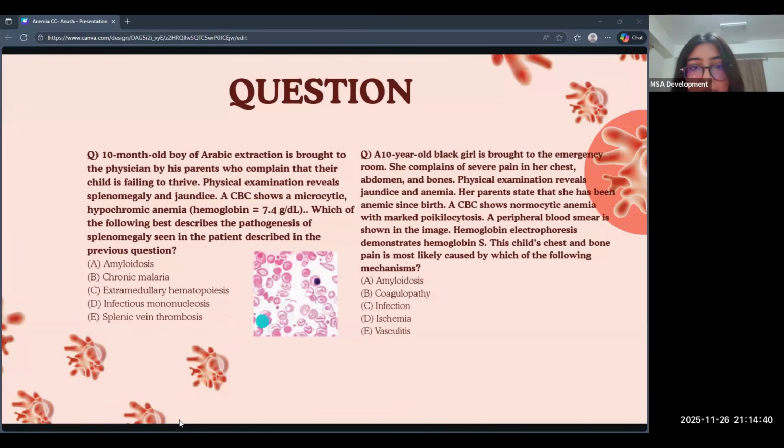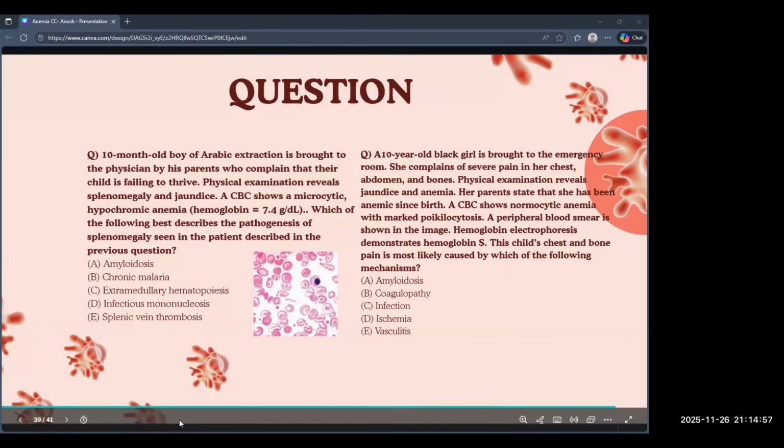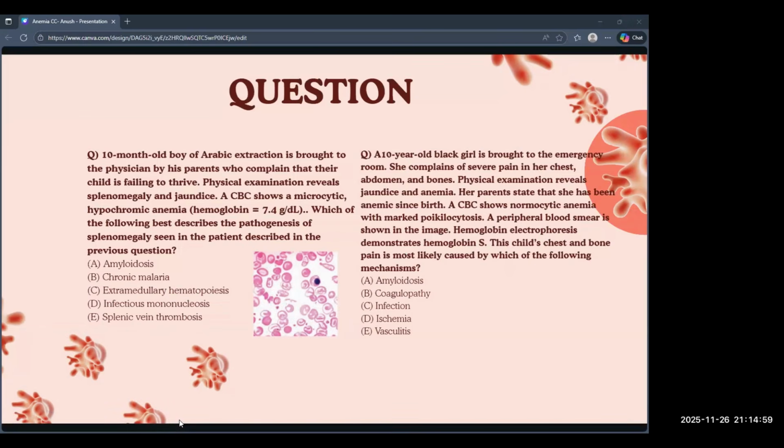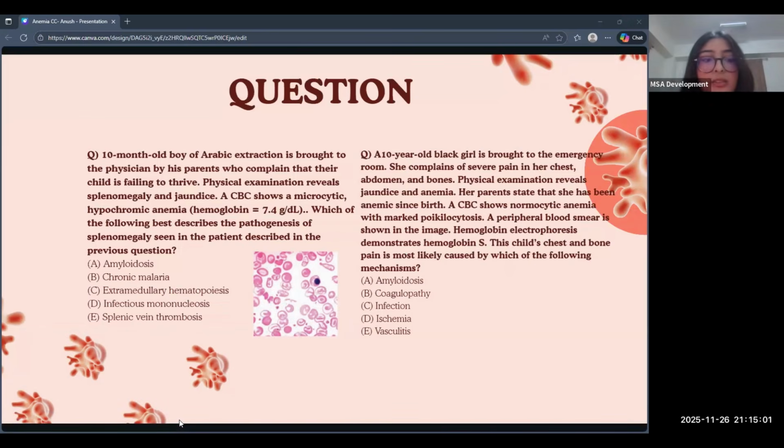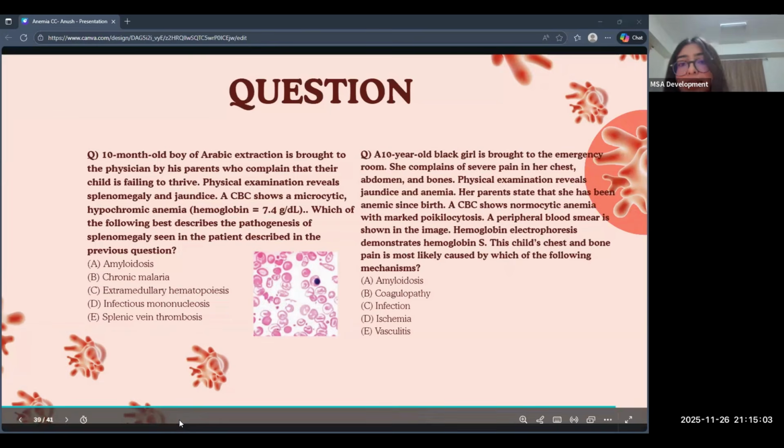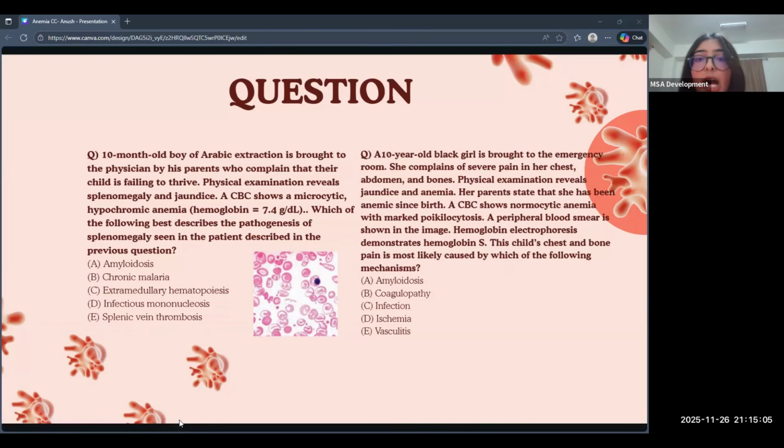One thing I would also like to mention is that when the bone marrow, the body tries to compensate by massively increasing erythropoiesis. This causes extreme bone marrow hyperplasia, okay? Expanding the marrow cavities and producing skeletal changes.